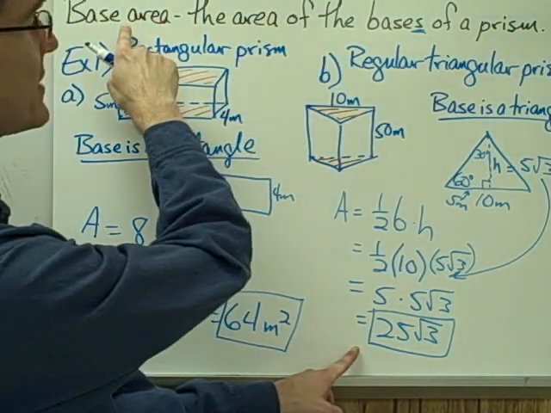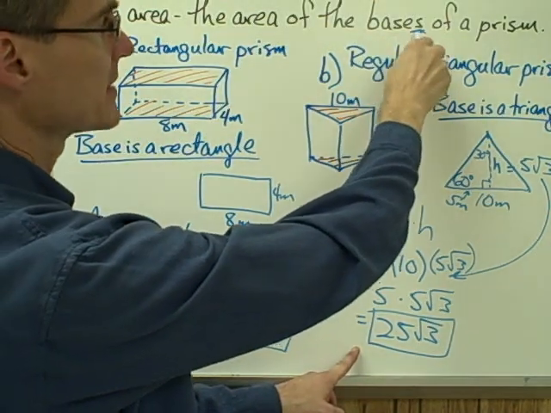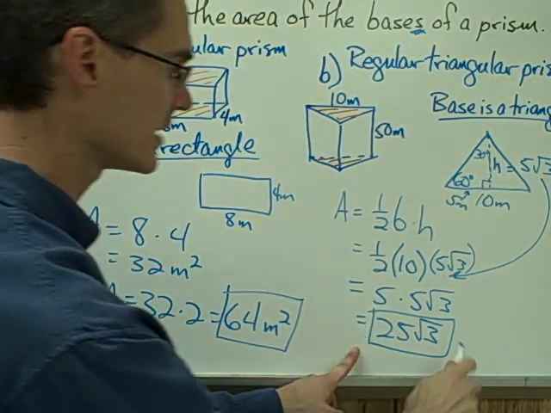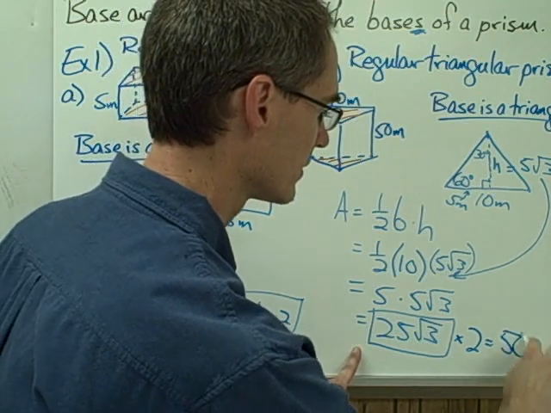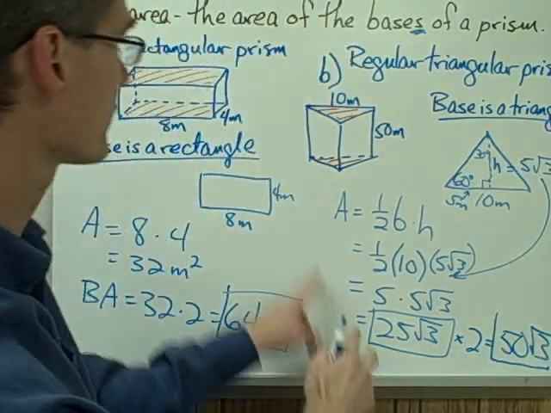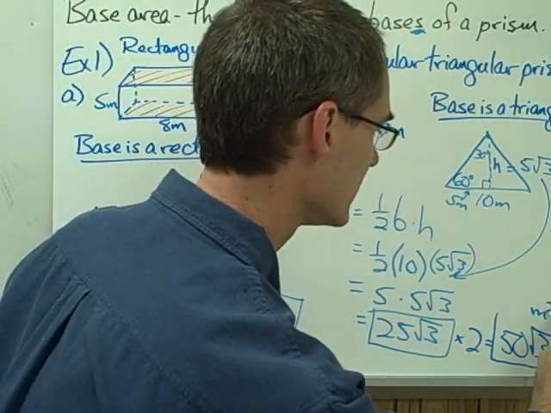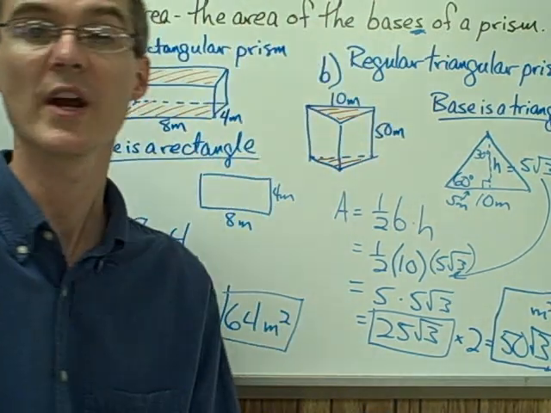In order to calculate the base area of my prism, I need the area of both of my bases. So I have two triangular bases, which means I need to multiply this times 2, and that gives me 50 radical 3, and let's see, my units again are meters, so that's going to be 50 radical 3 square meters.